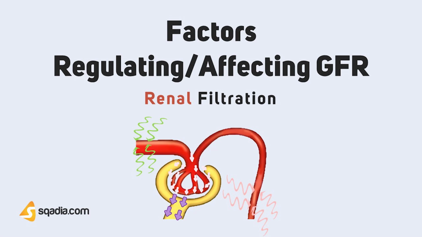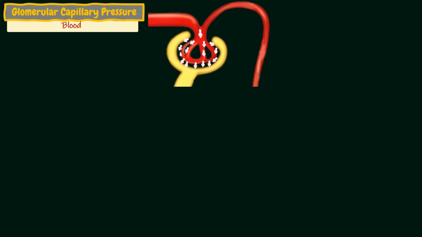In this section, we will talk about the factors regulating or affecting glomerular filtration rate, or GFR. First is glomerular capillary pressure. As we have discussed, glomerular capillary pressure is the pressure exerted by the blood in glomerular capillaries.